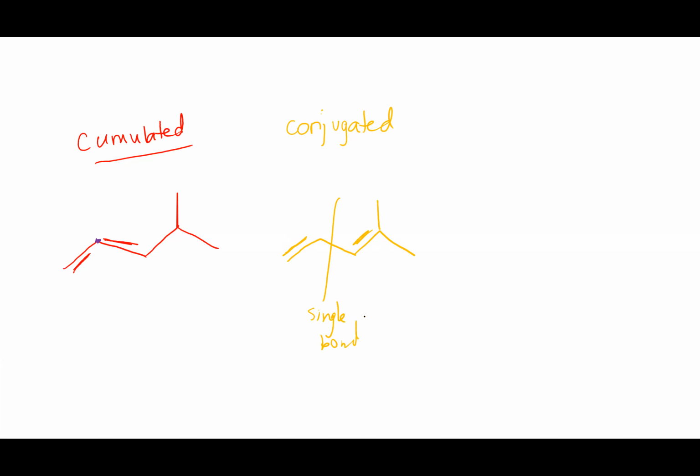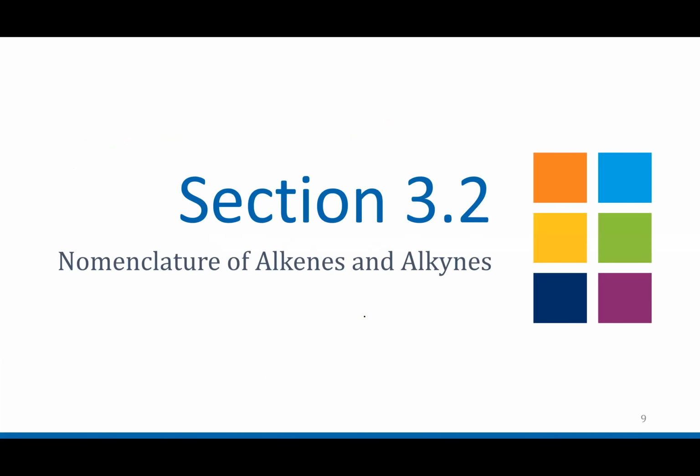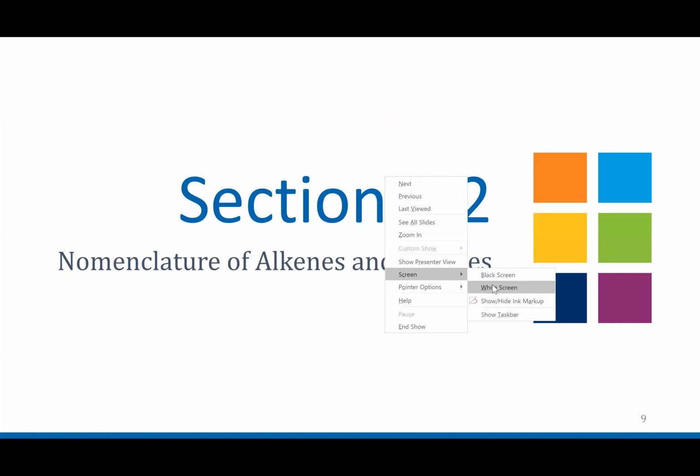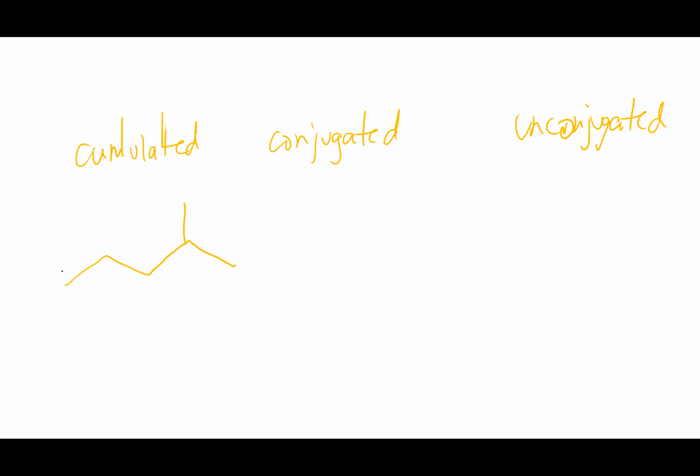Okay, and then the last one we had was unconjugated. Oh, I erased my slide. I can draw that again really quick. So, unconjugated. For the summary, I'll draw the same molecule.